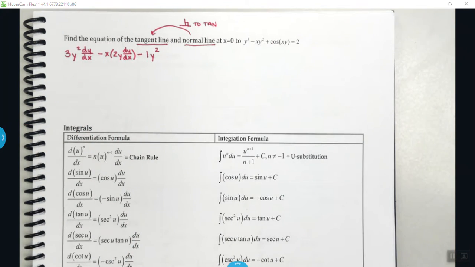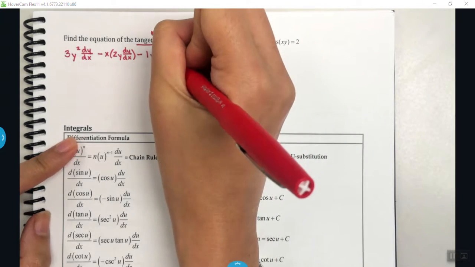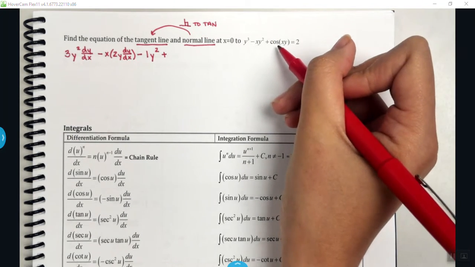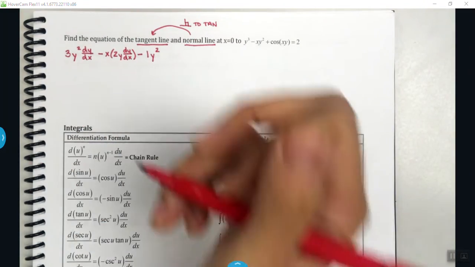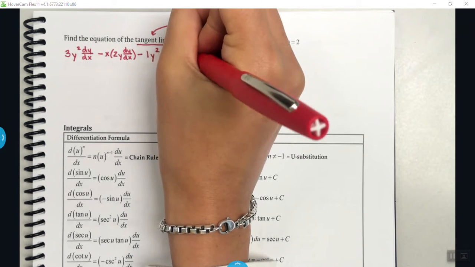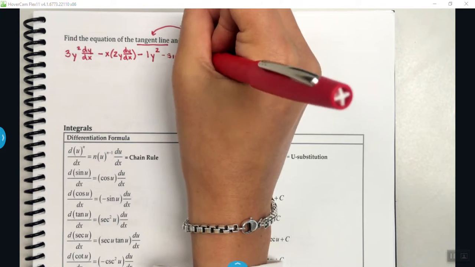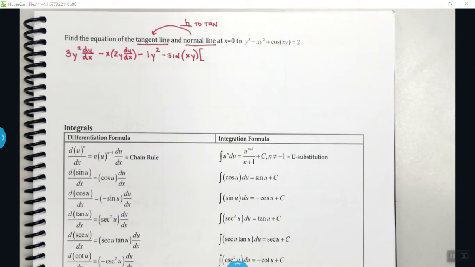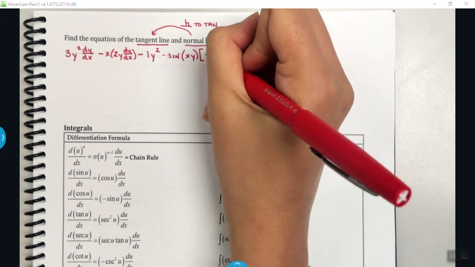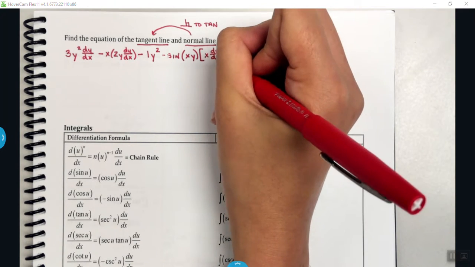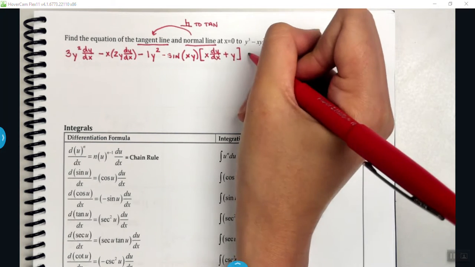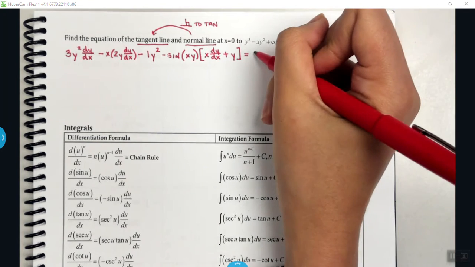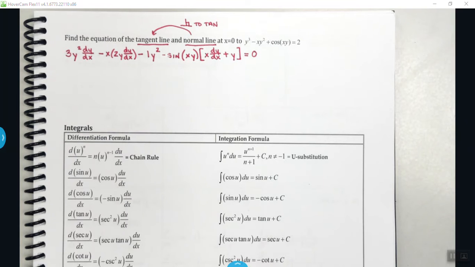Then plus the derivative of cosine, which is negative sine, so minus sine of xy, but then I have to do chain rule and multiply that by x dy dx plus y times 1 equals 0. Okay, so we have that.